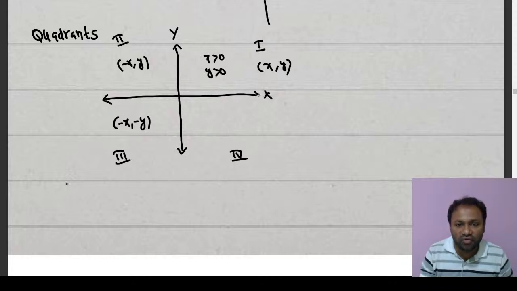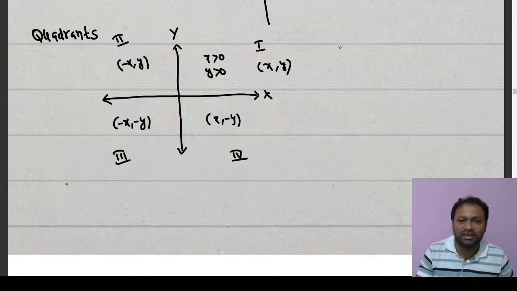And in the fourth quadrant, the point will be the ordered pair (x, -y), because this is the positive side and this is the negative side. Now, based on this, some questions will be asked.